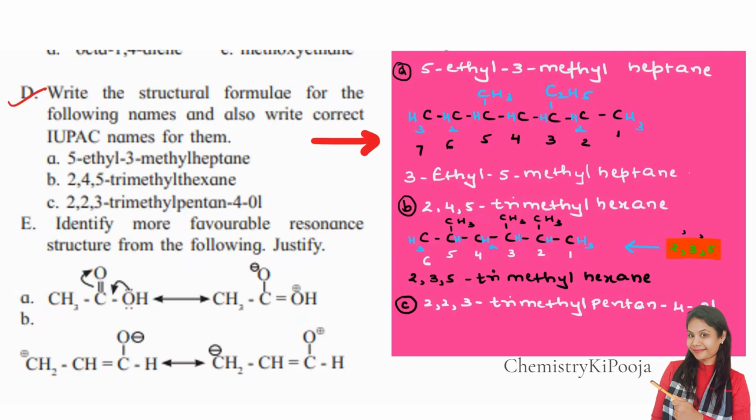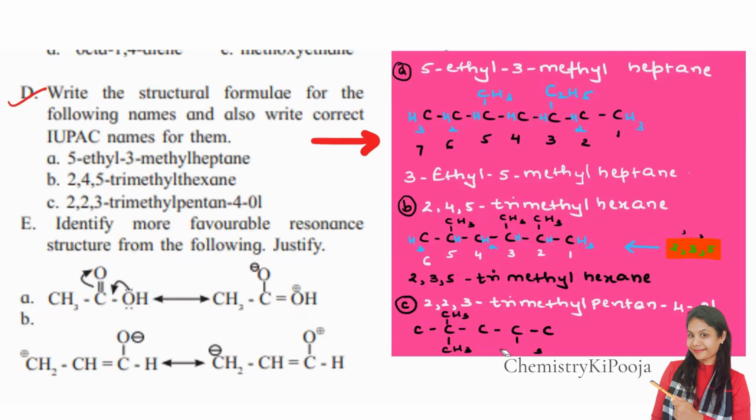Now let us write down the answer. Here it is pent, so quickly I'm going to write down 5 carbon atoms: 1, 2, 3, 4 and 5. Now on the second position and the third position, we have methyl groups. On the second position, 2 times it is CH3.